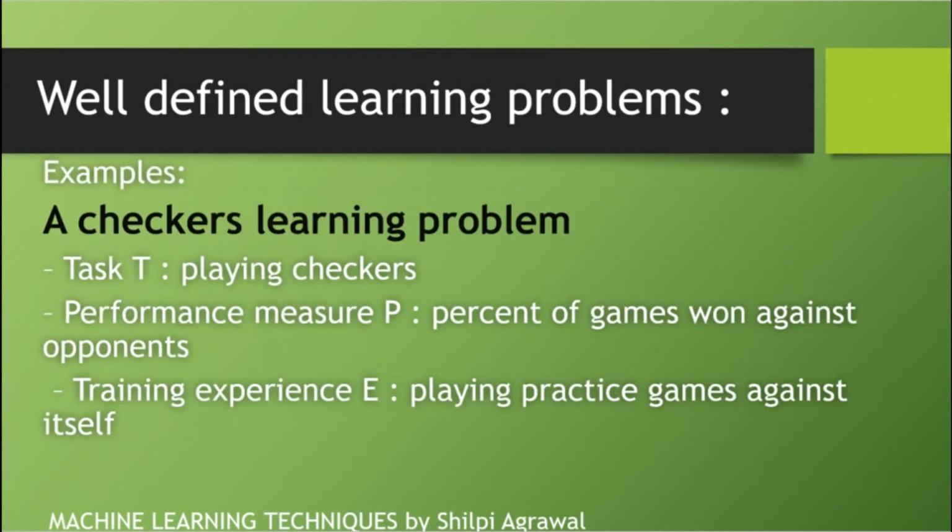So moving to the next slide, the first example is the checkers learning problem. In this checkers learning problem we have a task T, that is playing checkers. If we want to measure the performance, the performance measure is the percentage of games won against opponents.